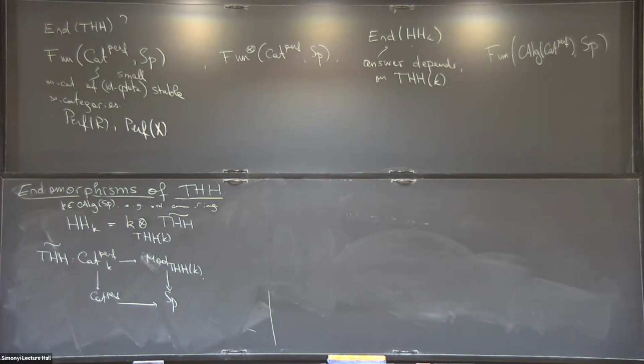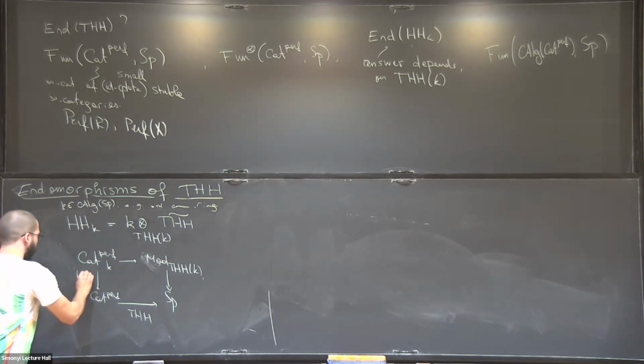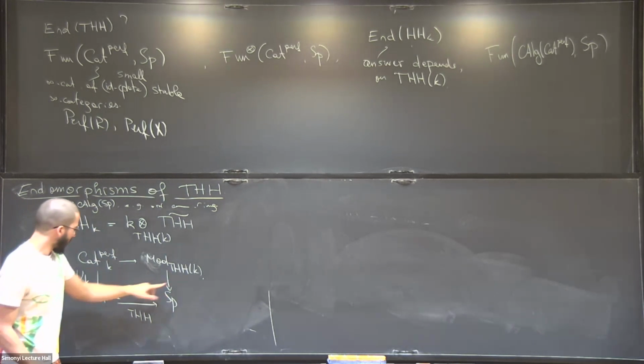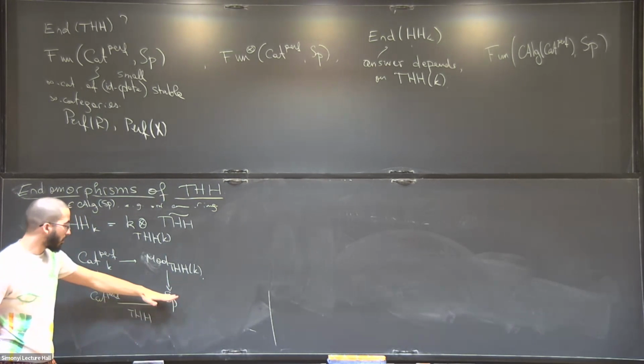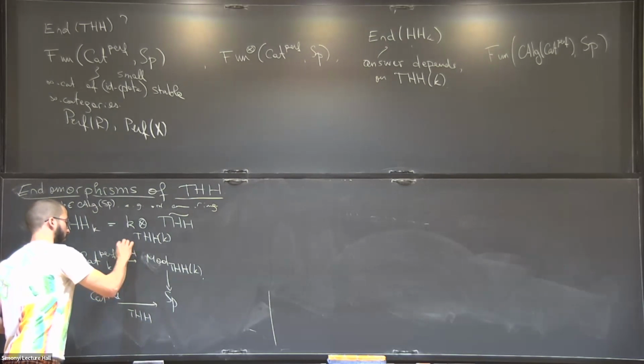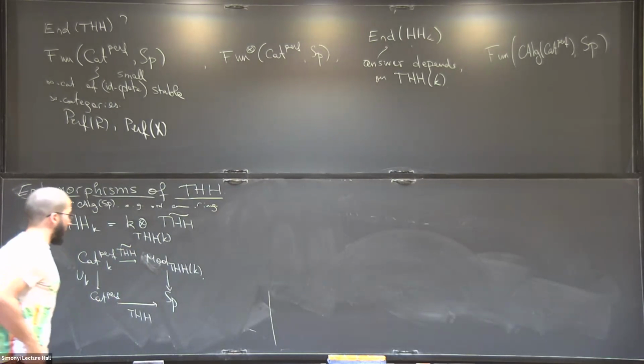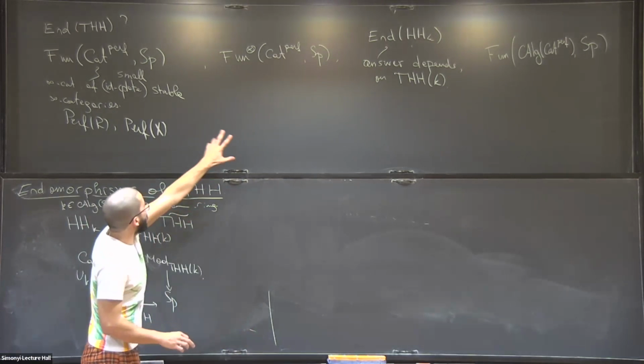Which functor has a canonical structure? This. So you have maybe a forgetful functor here, UK, and this composite has a canonical THH of K linear structure, and this one is what I call THH twiddle. And you can use this to compute various variants of this one.